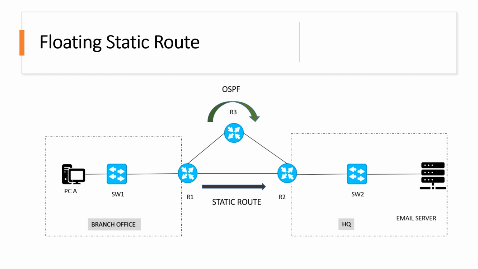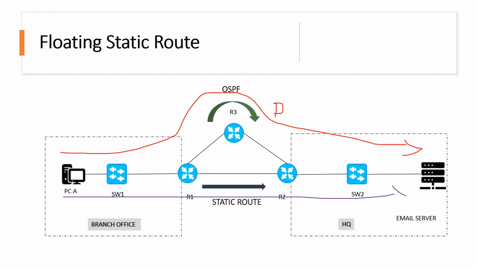Let us take an example where you have multiple paths to a specific destination, similar to the previous example, where one path is used as primary and the other as secondary. This will be our primary path and this will be our secondary path.